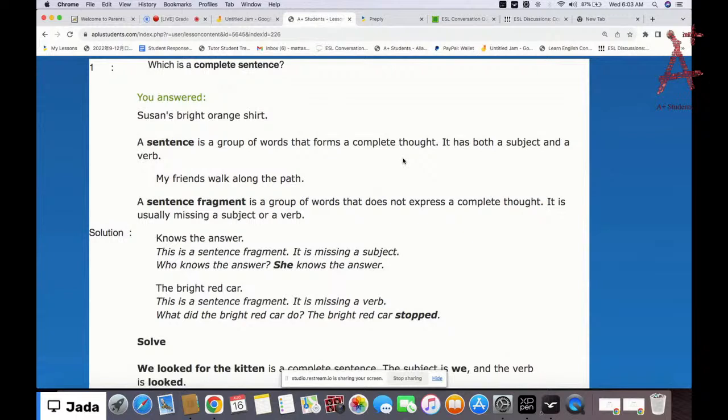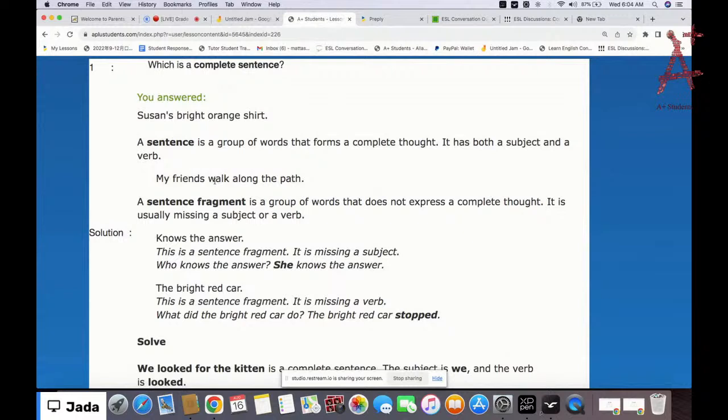The subject is the main person doing the action in the sentence, and the verb is the action going on, what the person is doing. For example: my friends walk along the path. My friends is the subject because they are the ones walking, and walk is the verb, the action going on.